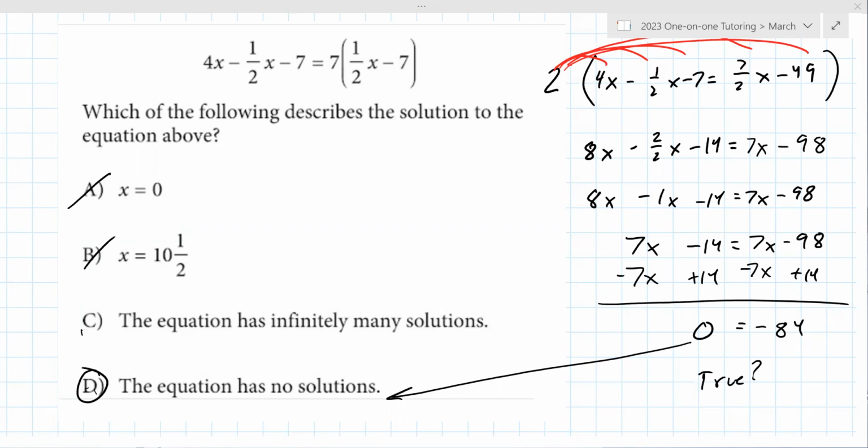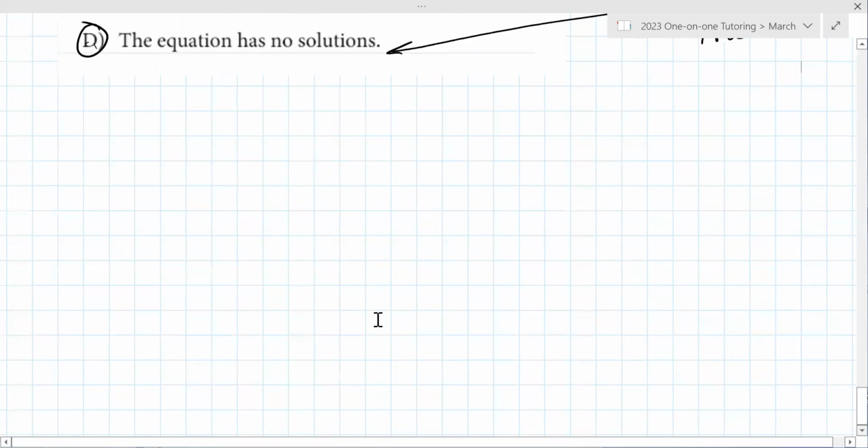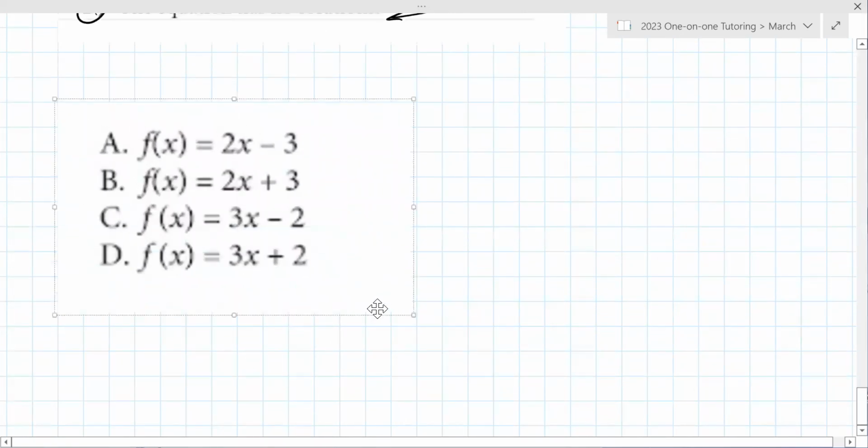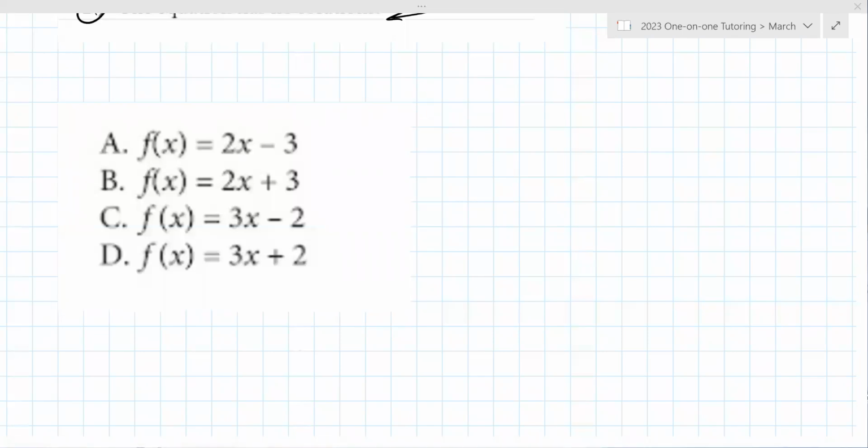All right, so we're going to do the same thing here. I want you to look at the answers again. Tell me what is the same, what is different about them. The first 2 start with 2x. Okay, so what would you say about the slope of the first 2?